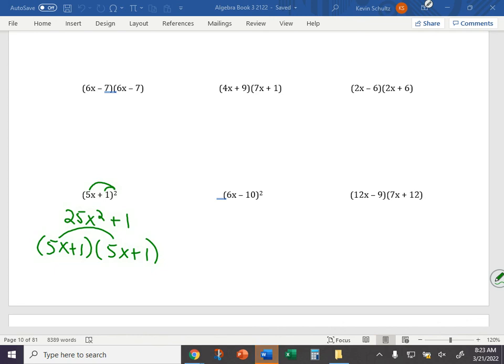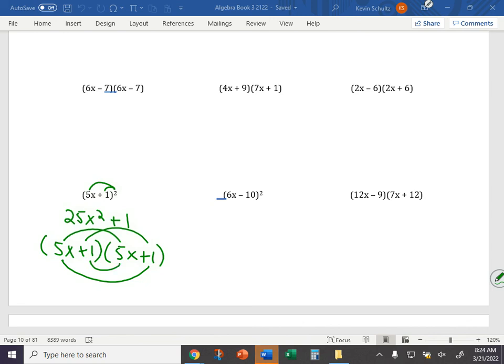You still get the positive 1, but you also get the inside and outside terms underneath. I kind of mixed up the two methods there. You have to actually write it out as an expression times itself. You still get the 25x squared. You still get the positive 1, but what we missed is the inside outside.